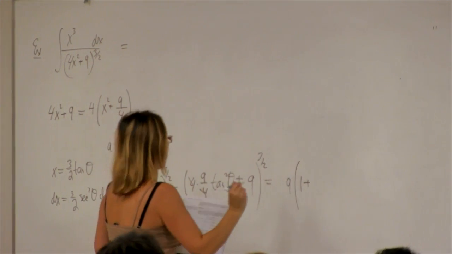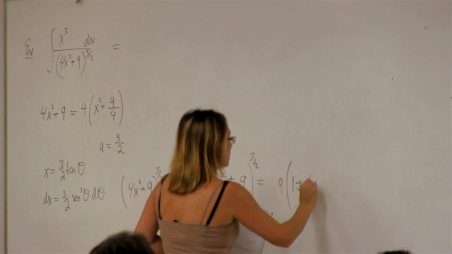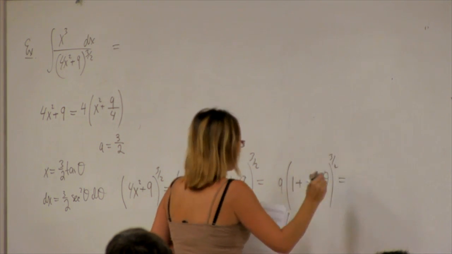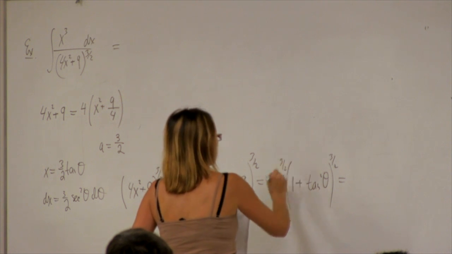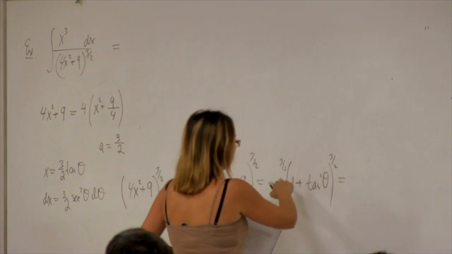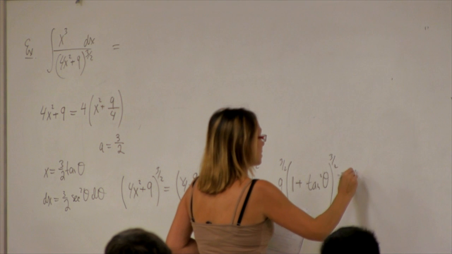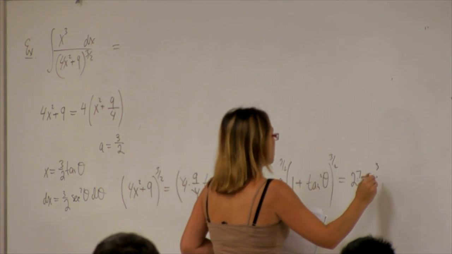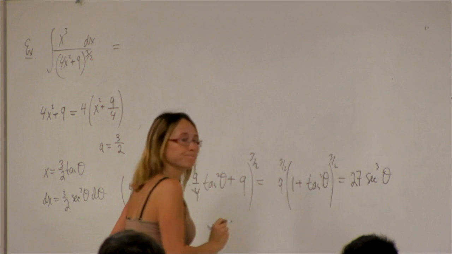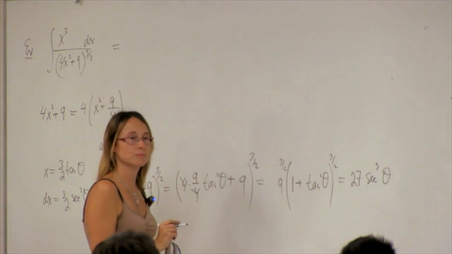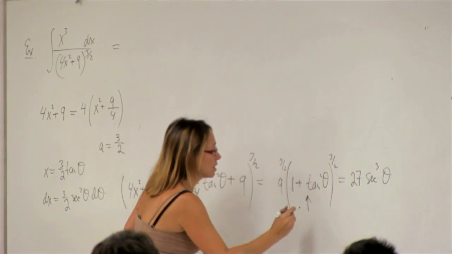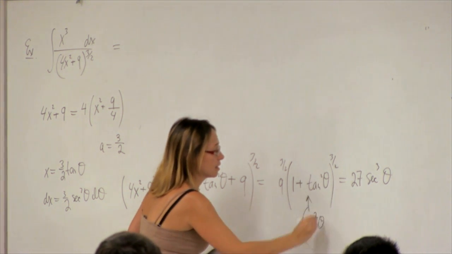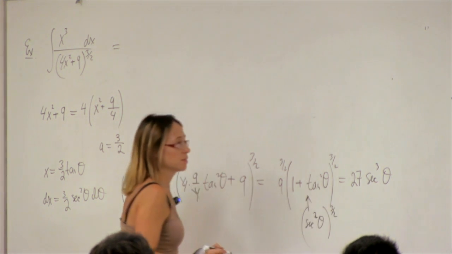9, 1 plus tangent squared theta, to the power 3/2. So this is equal to 27 secant cubed theta, because this is secant squared theta to the power 3/2.